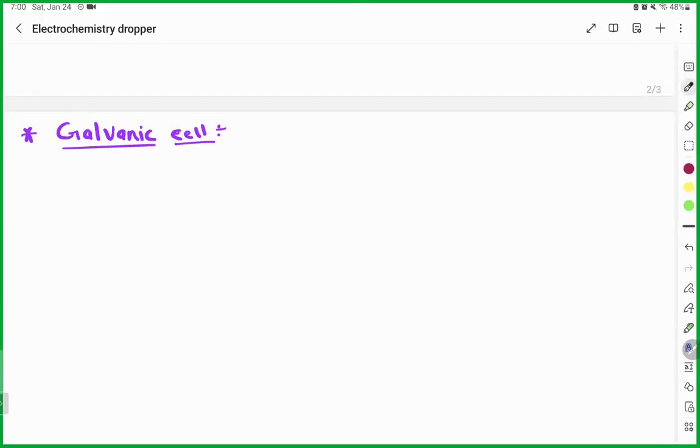A galvanic cell is a type of electrochemical cell where, by using a spontaneous process, you produce electricity, mostly with copper and zinc. It looks more like the Daniell cell. So a galvanic cell is a type of electrochemical cell where you convert your chemical into electricity.